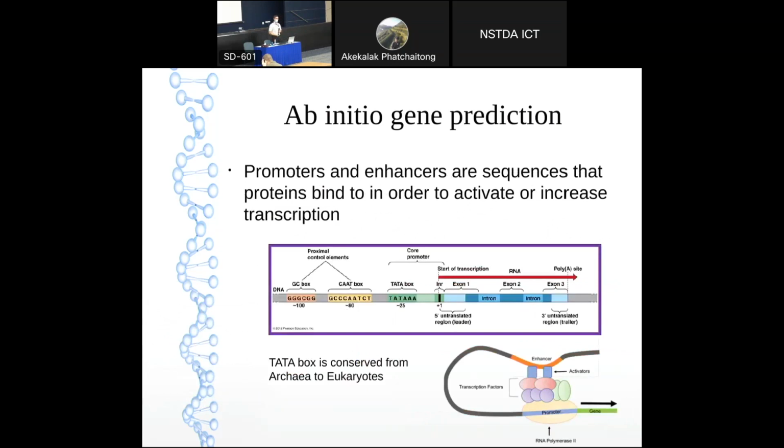We also know the sequence of the most common promoters and enhancers. So we have the GC box, which is usually about 100 base pairs upstream of the start. We have what's known as a cap box, and we have the TATA box. So the presence of these sequences are also good indicators that there's a gene present.